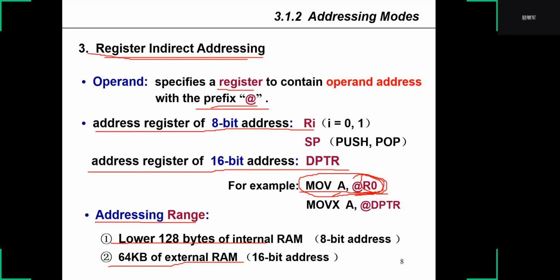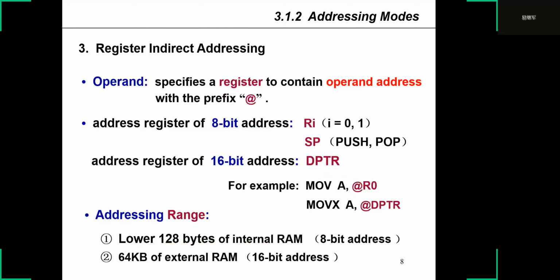Yeah, if we put the @ sign before a register, it means indirect addressing.